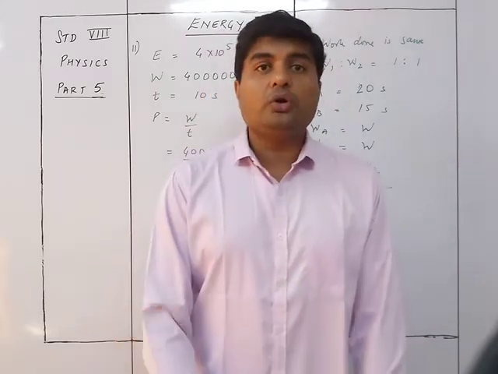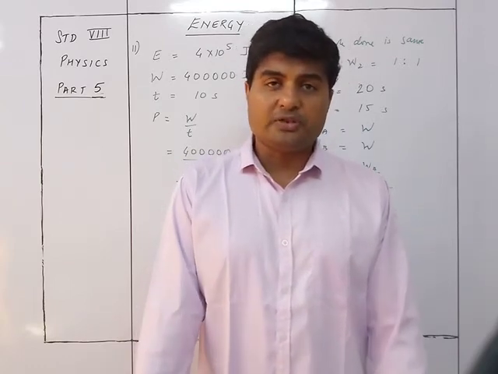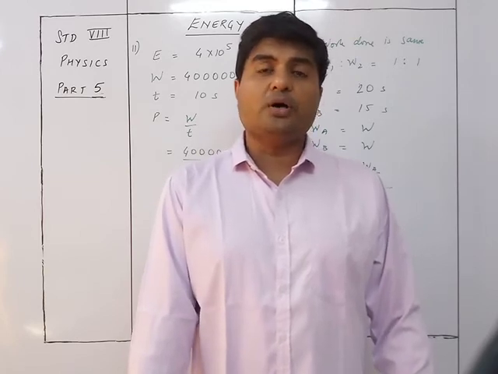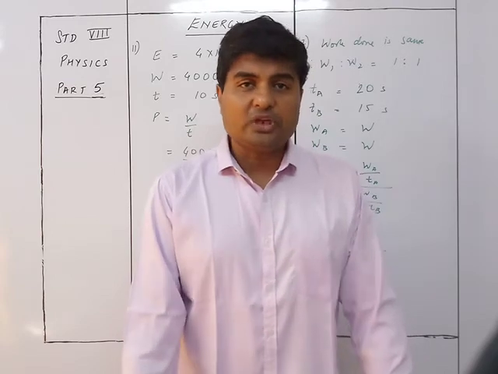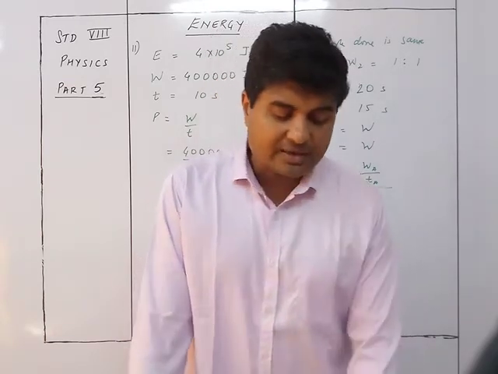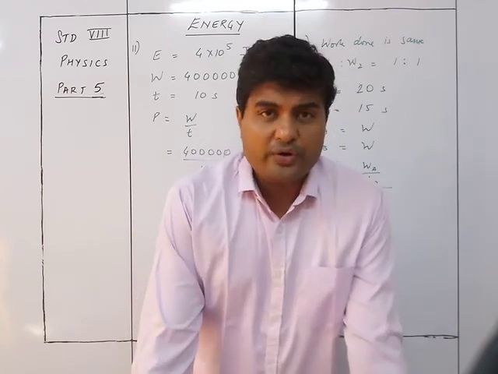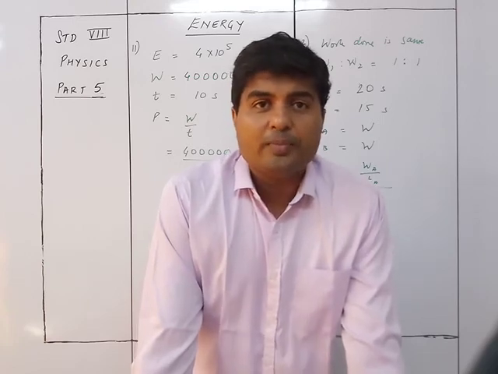Also write down all the solved examples so that you understand each and every solved example properly. The best thing you can do is read the question of the solved example, try to solve it on your own and see whether the answer comes up the same or not. Try to do it on your own so that you gain confidence that you are able to do the numericals properly.